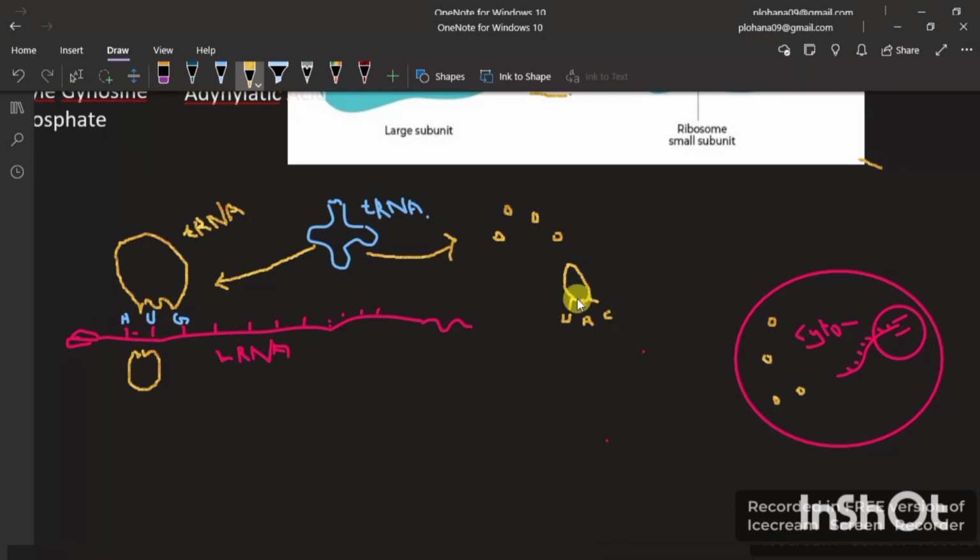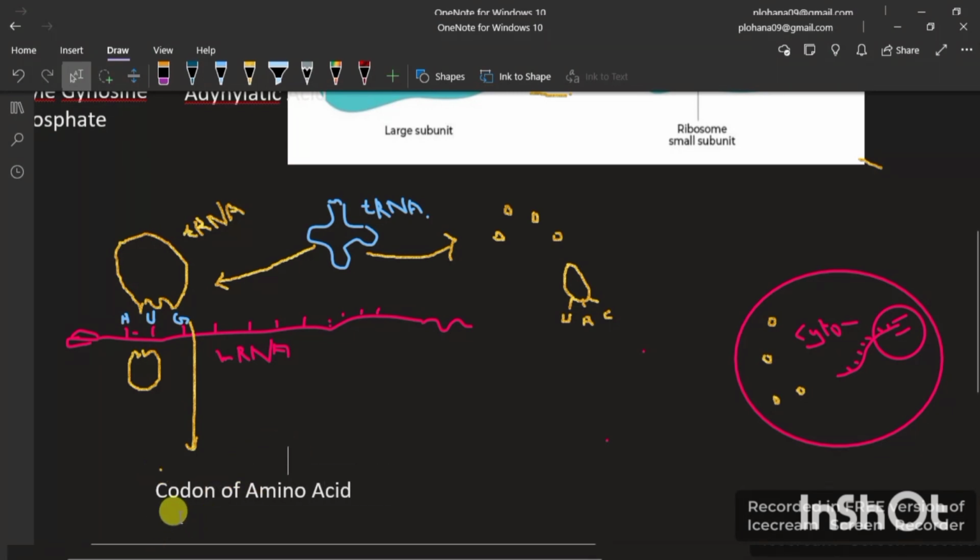So C would be there. So here is the anticodon of this codon. Basically this is the codon. Wait, let me write here so that it can be more clear. This is the codon of a particular amino acid.